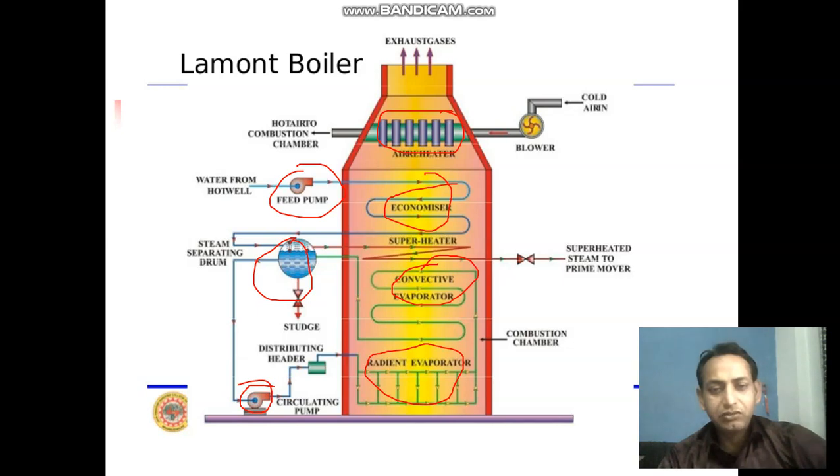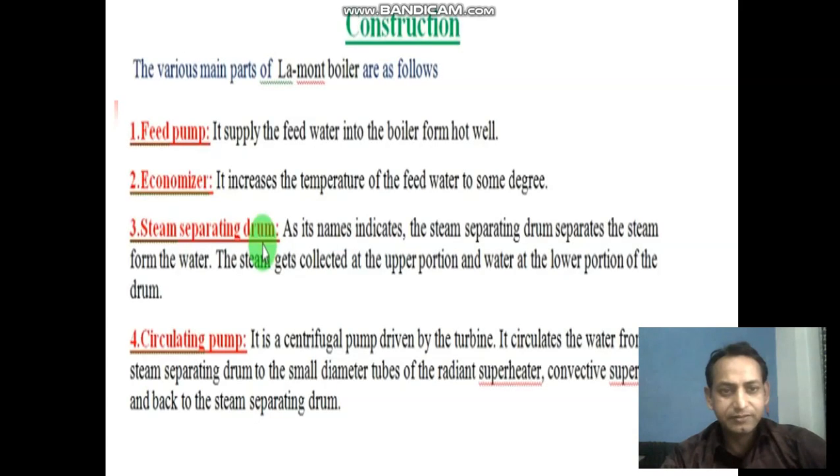One accessory, the air preheater, supplies hot air to the furnace; it utilizes the flue gases to heat the cold air and sends it back to the combustion chamber. These are the LaMont boiler.